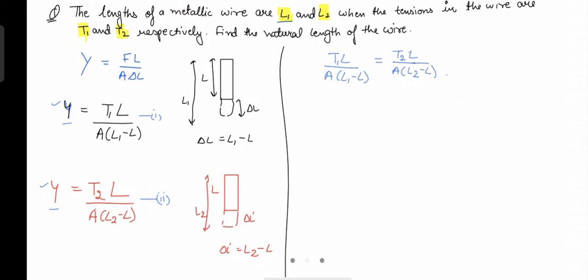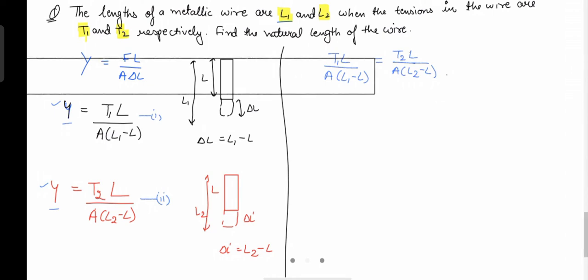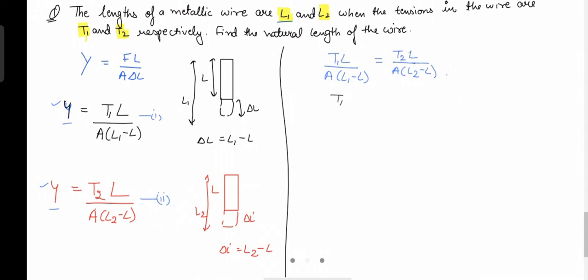So what we will be left with, technically, we will be left with T1 upon L1 minus L. And on this side, we will be left with T2 upon L2 minus L. Other things are being cancelled out. Now when you will solve it further, you can cross multiply it.